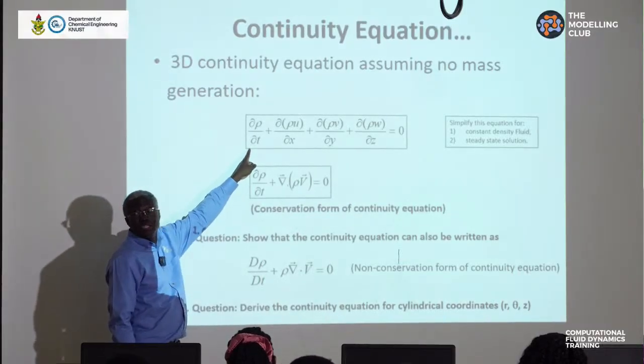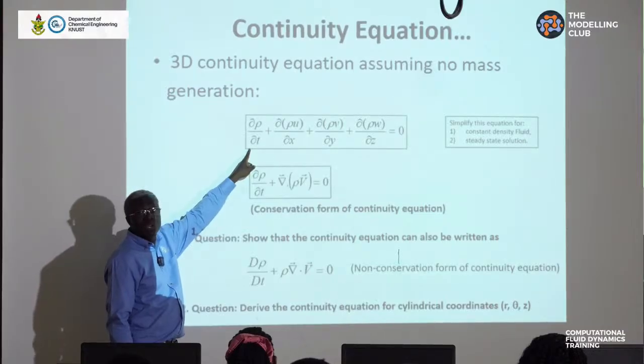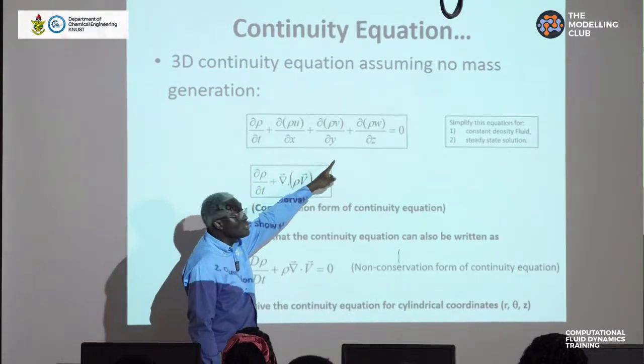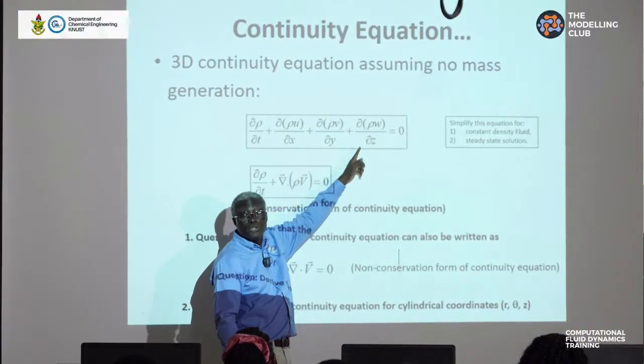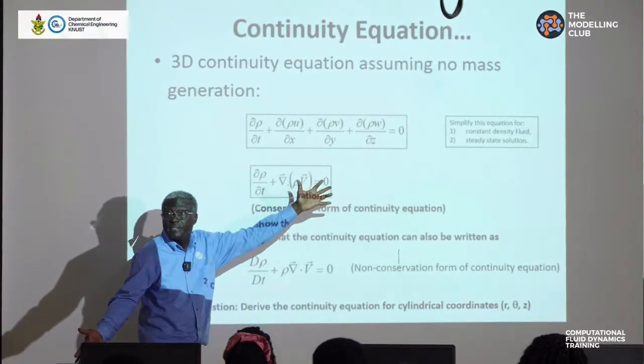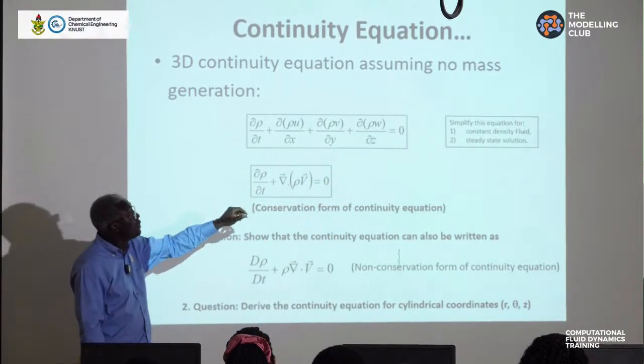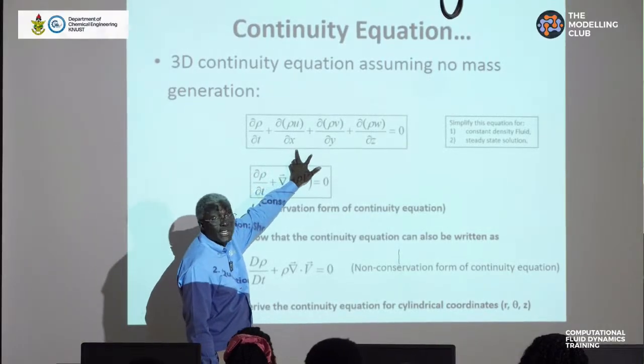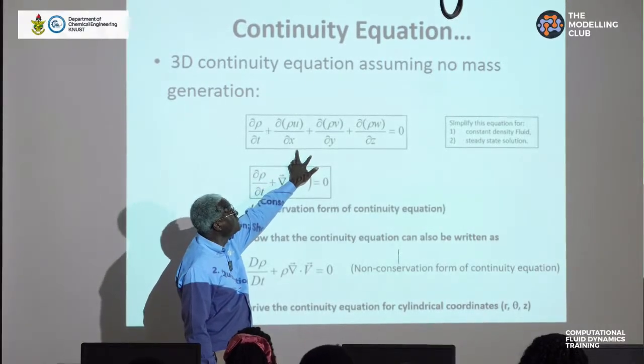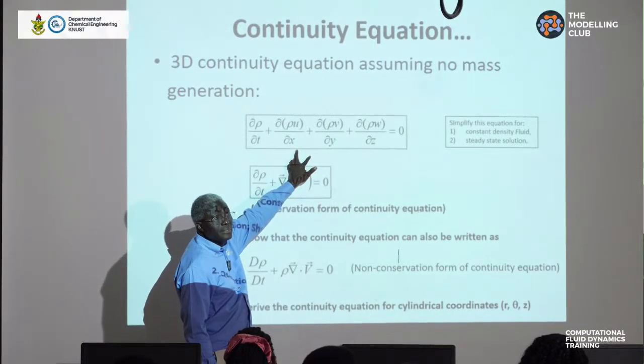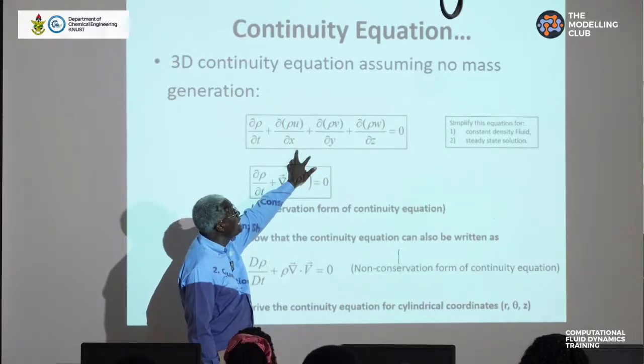This has to drop out. And what else? The z direction also has to drop out because we are told it's 2-dimensional, right? So we are only left with these two terms.